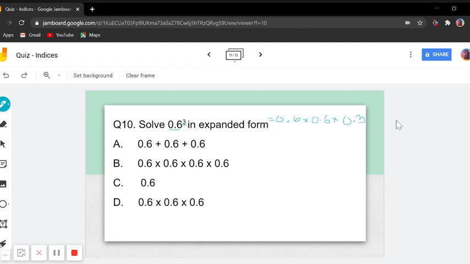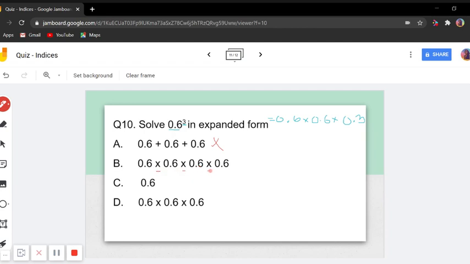So let's take a look. This is how expanded form looks like. And let's take a look at the options. Option A, 0.6 plus 0.6 plus 0.6. This is incorrect. B, 0.6 multiplied by 0.6 multiplied by 0.6 multiplied by 0.6.